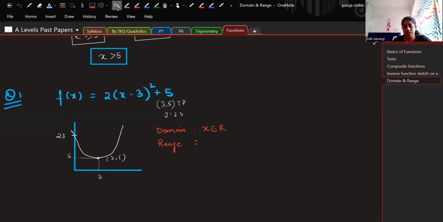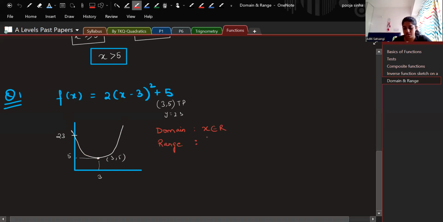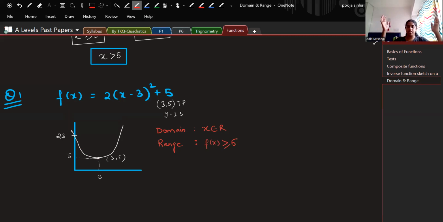So what is my range? Can I say that my range is f(x) is greater than or equal to 5? Yeah, because as the graph is getting bigger, the range will also eventually increase.